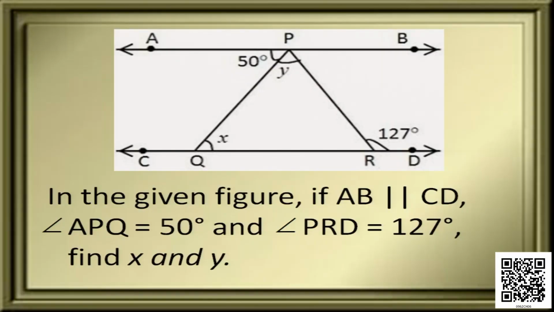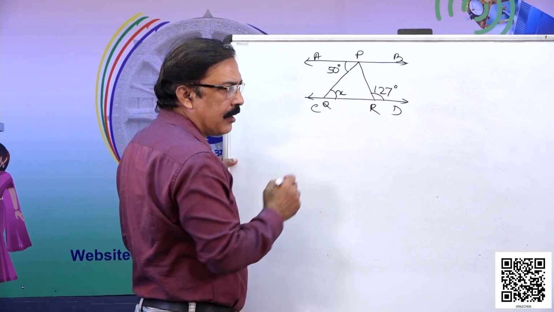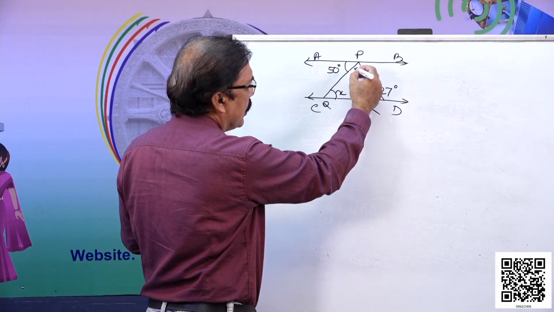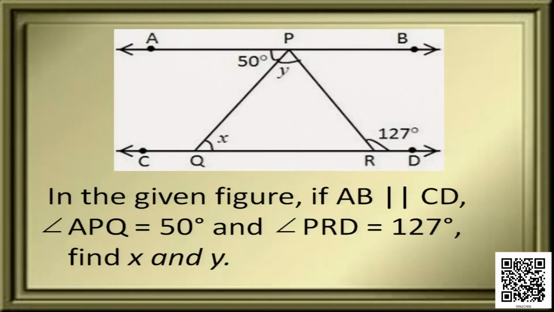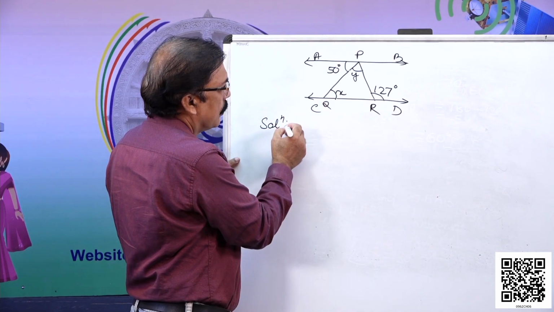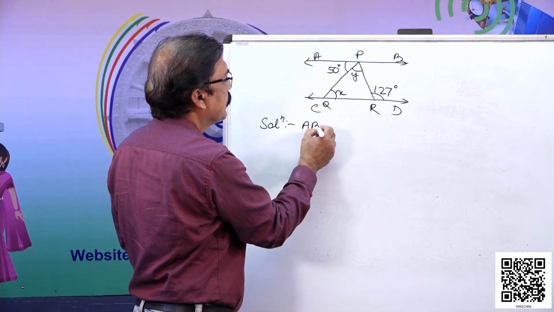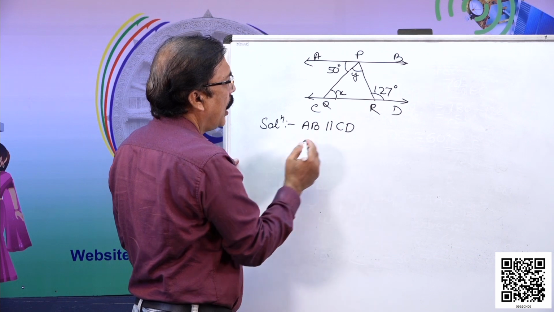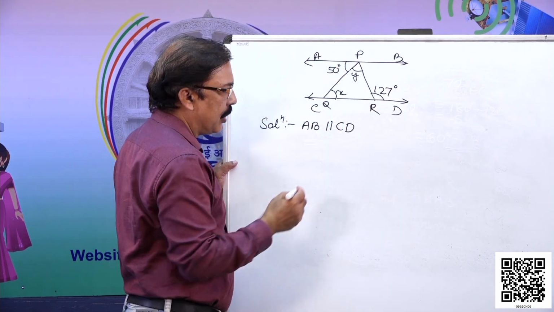If this value is X, that is PQR is X, and QPR is Y, find the value of X and Y. Now how to solve this? You see, AB is parallel to CD and PQ is the transversal.